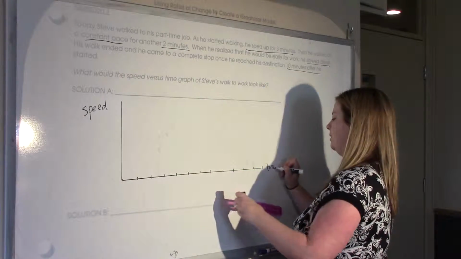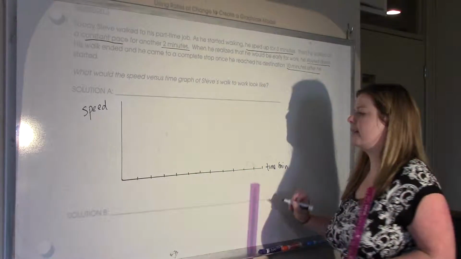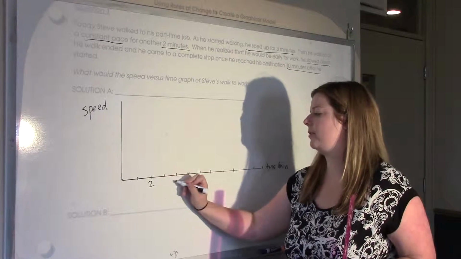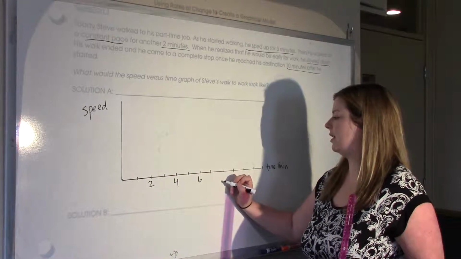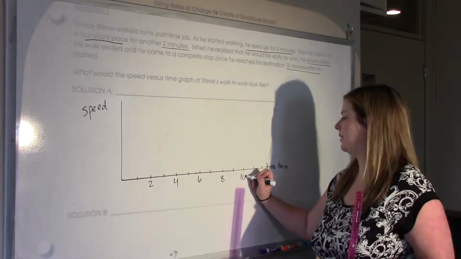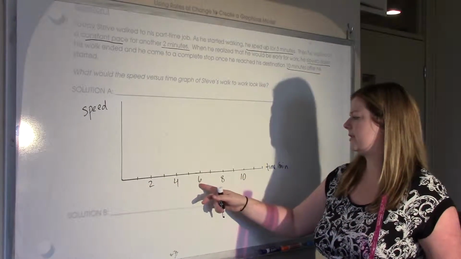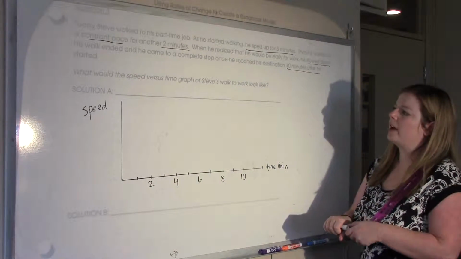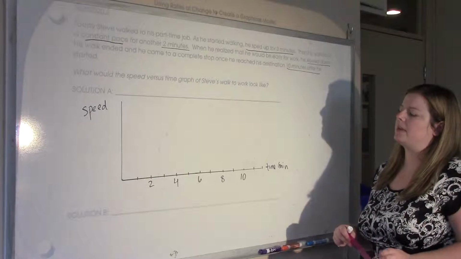Okay. All right, so once you have that all set up, then I'll just label every other one just so it's not as cluttered. I like to do that. So 2, 4, 6, 8, 10. Okay, so what happens to the speed?